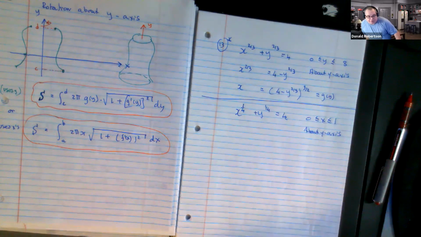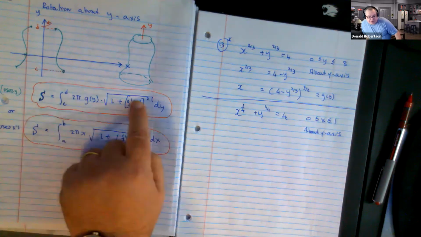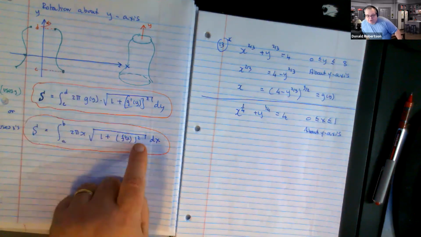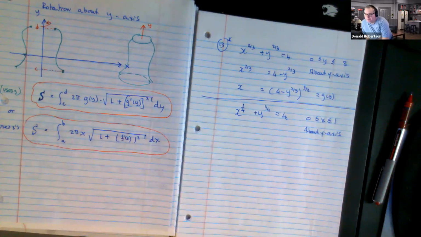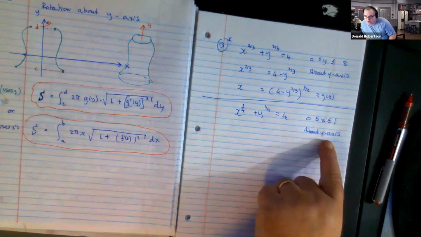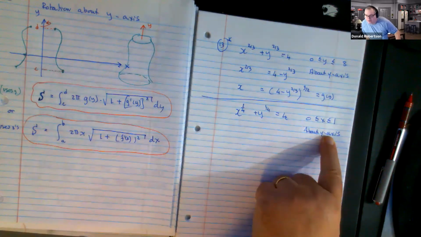Should I be using the formula that has all the y's in it, or should I be using the formula that has all the x's in it? It has to be one of these two. Why? Because it's being rotated about the y-axis, which means it has to be one of these two.